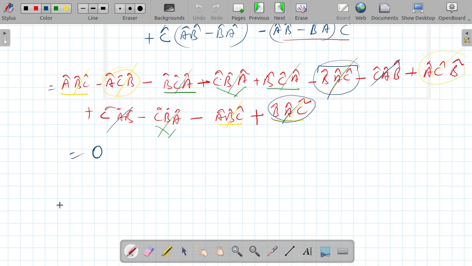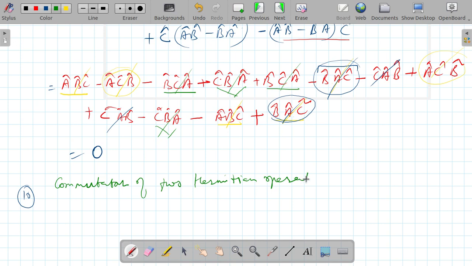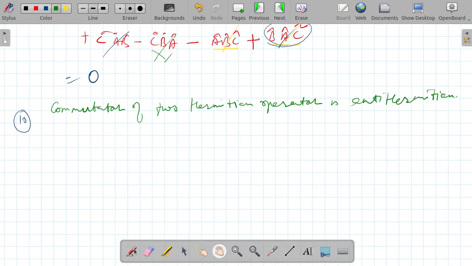I missed that property, that the commutator of two Hermitian operators is anti-Hermitian. Let us try to understand it.